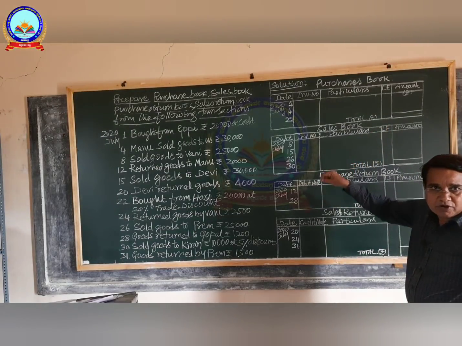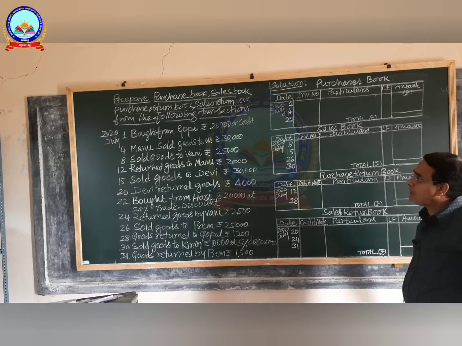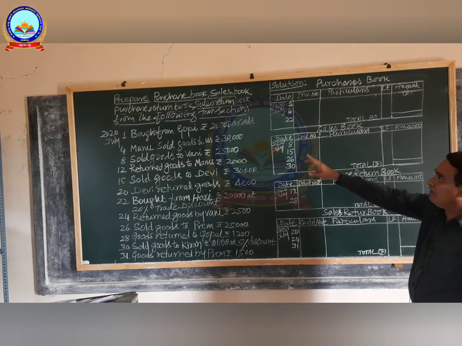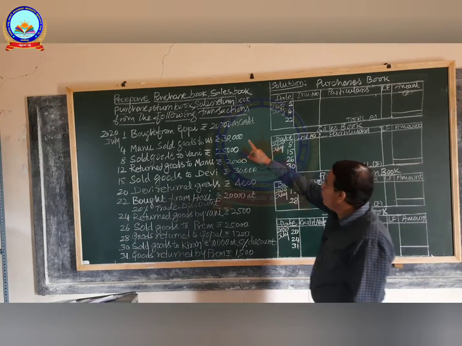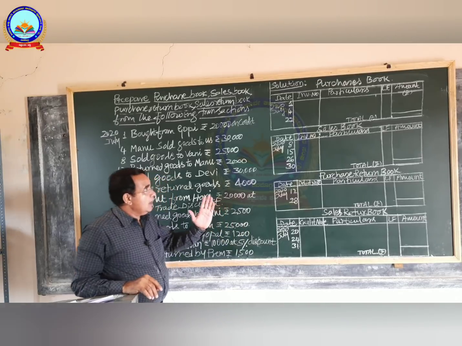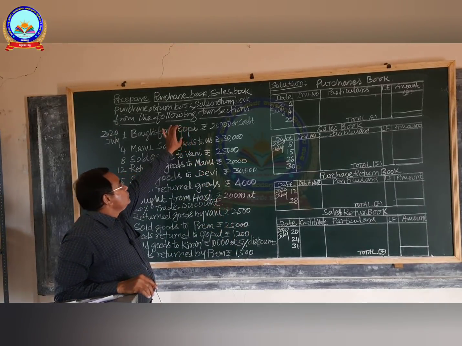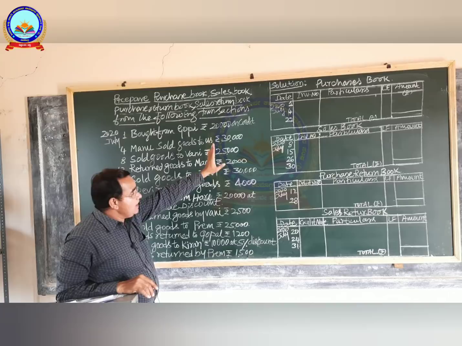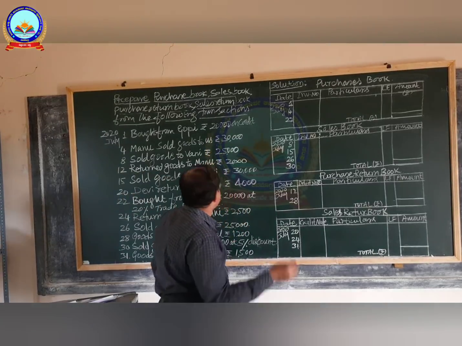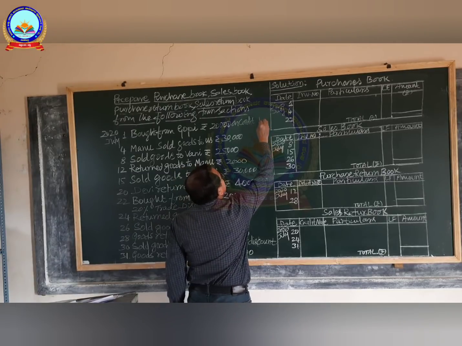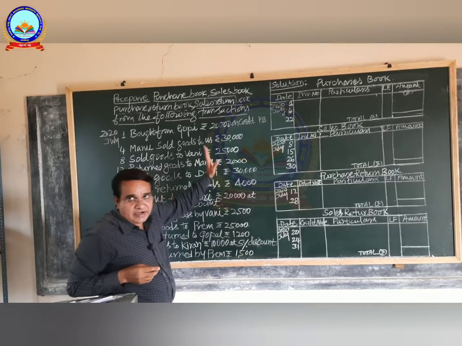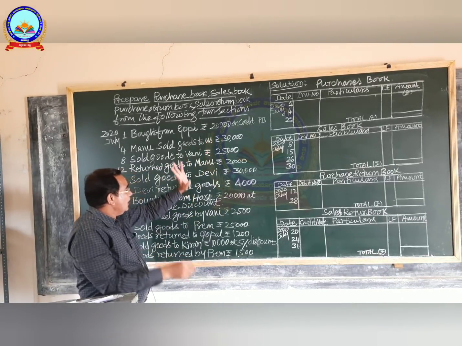I will take the first transaction, 2020 July 1st, bought from Gopi rupees 20,000 on credit. I mean, goods purchased from Gopi amounted to rupees 20,000. This transaction is entered in purchases book.